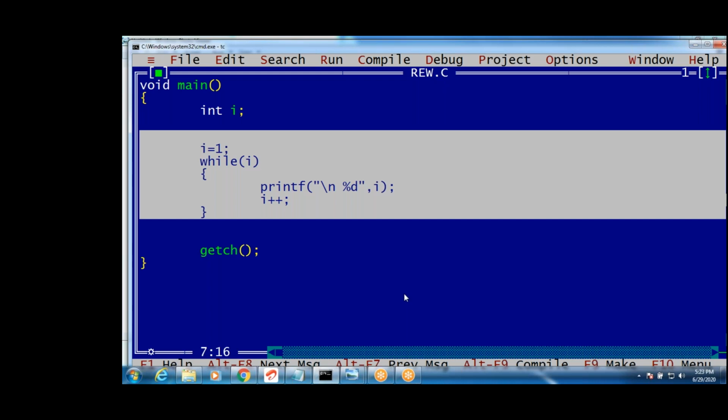Completed. Is it an infinite loop or not? Tell me, guys. While of I, I changed the code. While of I, while of 1, while of 2, while of 3, while of 4, right? While of 5.